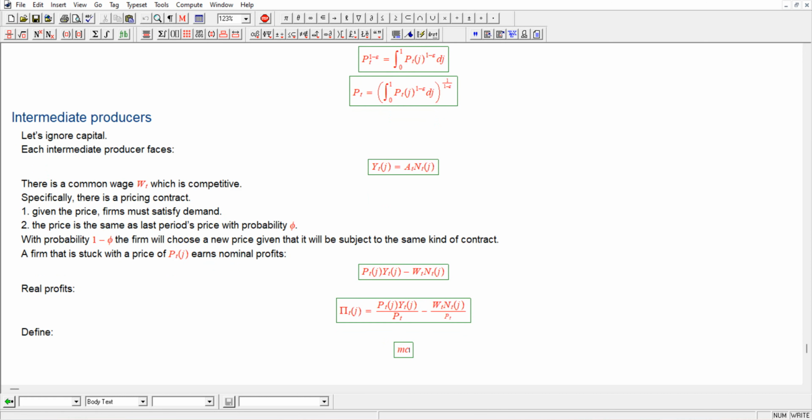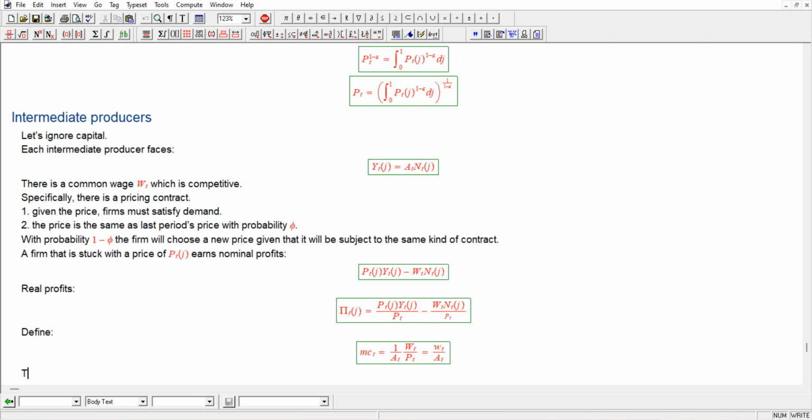We're going to call it MC, which stands for marginal cost at t, equals 1 over A, which is the inverse of how many units of goods you can get from a unit of labor, times the cost of labor in real terms. Of course, this is equal to the real wage divided by its marginal output.